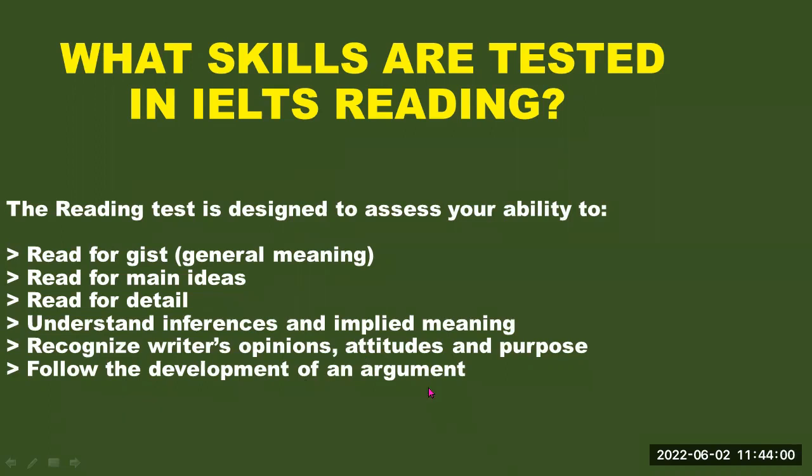If you have passed through O level or high school, you must have learned different reading methods or techniques, and you understand when you read for a purpose. You read either to find the details or to find the main ideas or just to have a general overview. These are the various skills being tested in the IELTS reading.